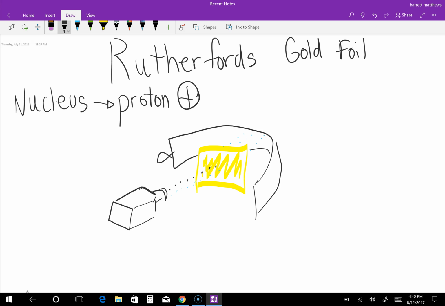Rutherford was not expecting the particles to pass through. At this time, we believed atoms were like plum pudding, very tightly packed. These little black marks represent the raisins in the plum pudding, or the nuclei. So he would think that as the particles hit it, they would just reflect off since it was very compact and dense.